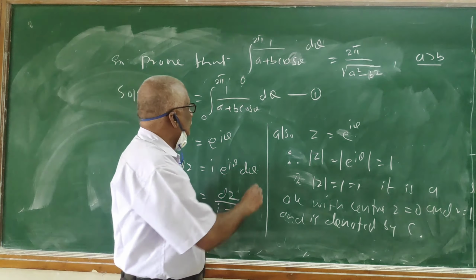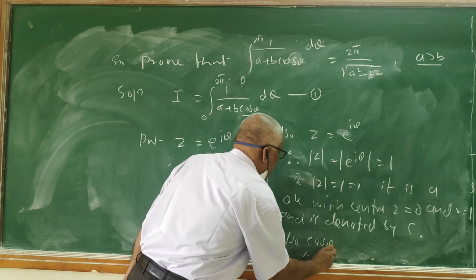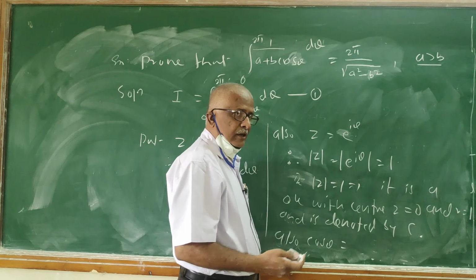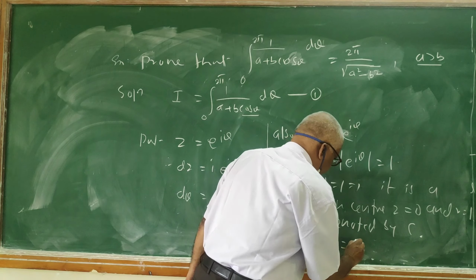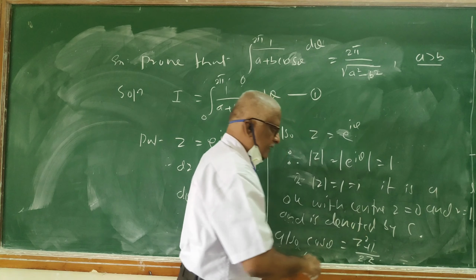Also, cos theta, as we have already seen in the procedure, is z square plus 1 divided by 2z.